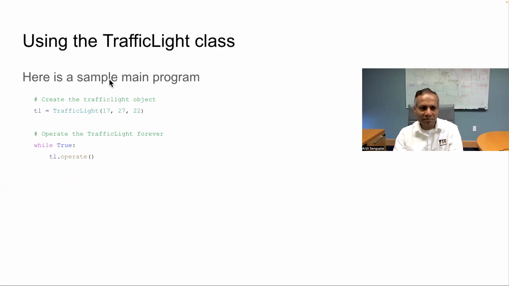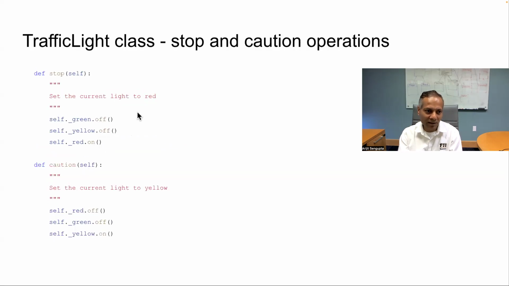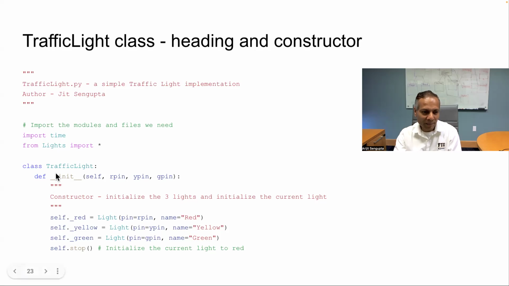And a sample main program, which is going to do the whole thing. We're going to first create an object, an instance of the traffic light class. And notice that we're passing in 3 things to the traffic light. What are those 3 things? Let's go back to the traffic light initializer. See, it takes 3 things: red pin, yellow pin, and the green pin.